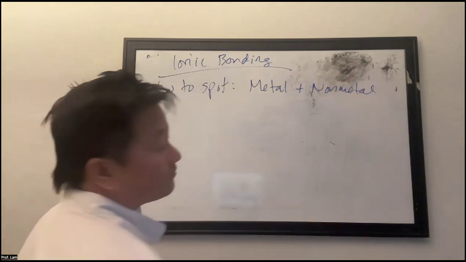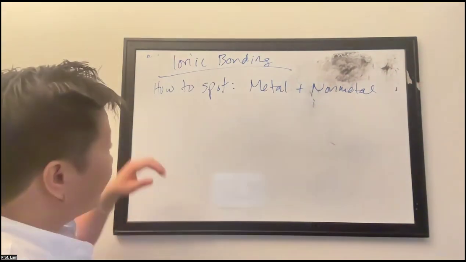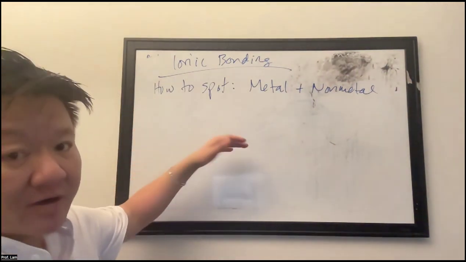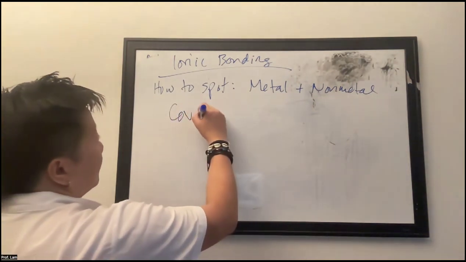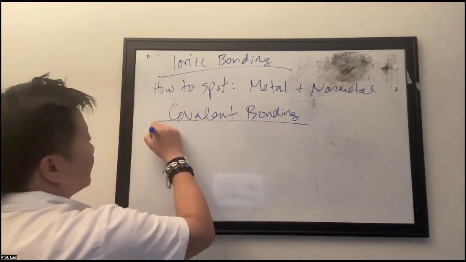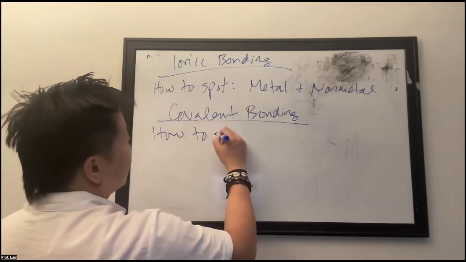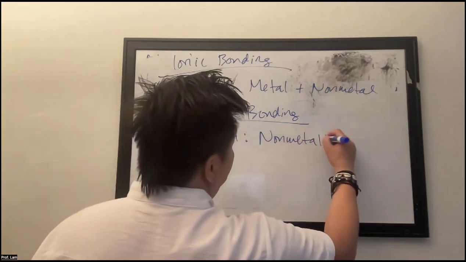Very simple. Just have your periodic table out in front of you and see what the two atoms are and whether it's ionic or covalent. So covalent bonding is between non-metal and non-metal.